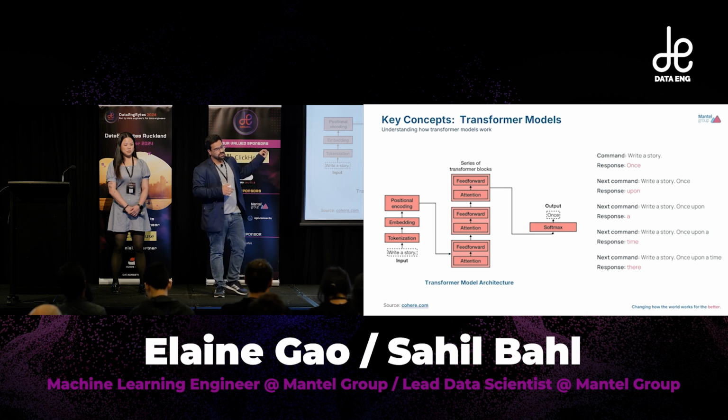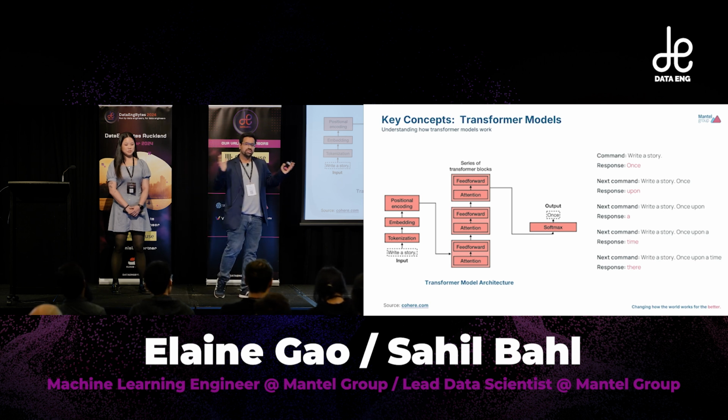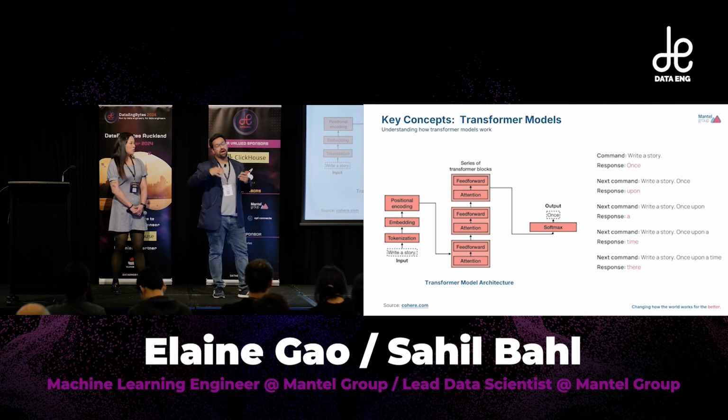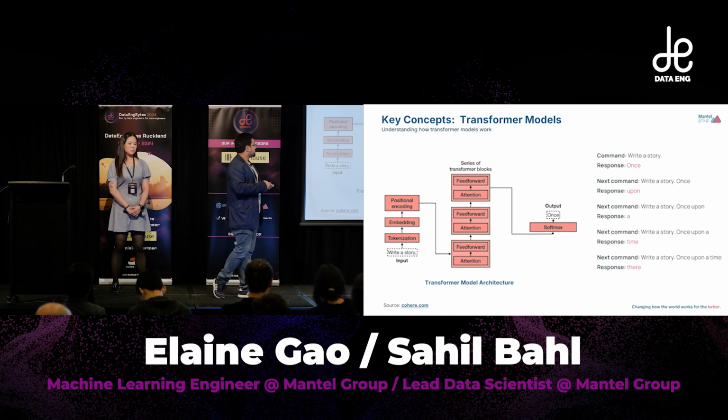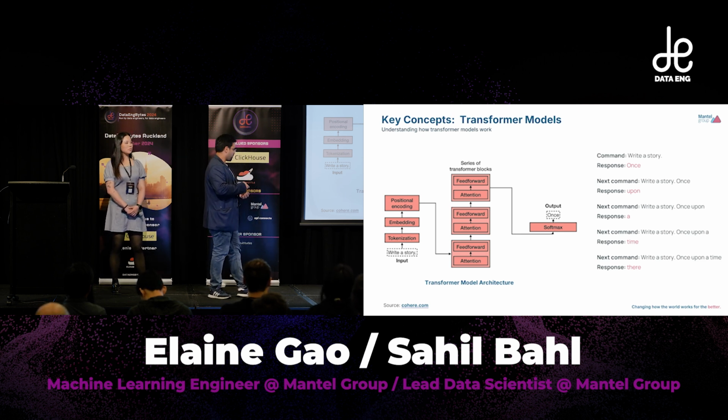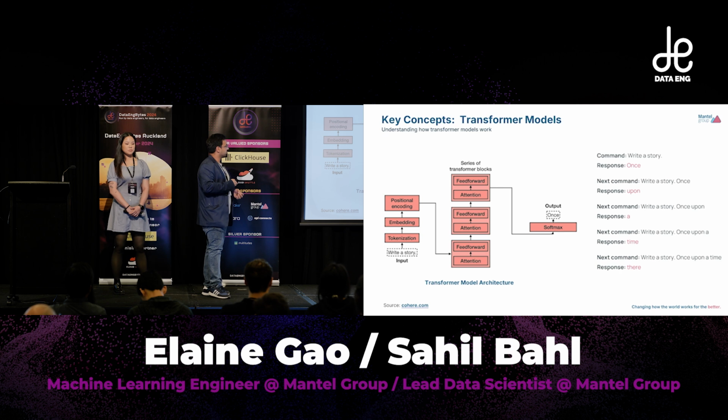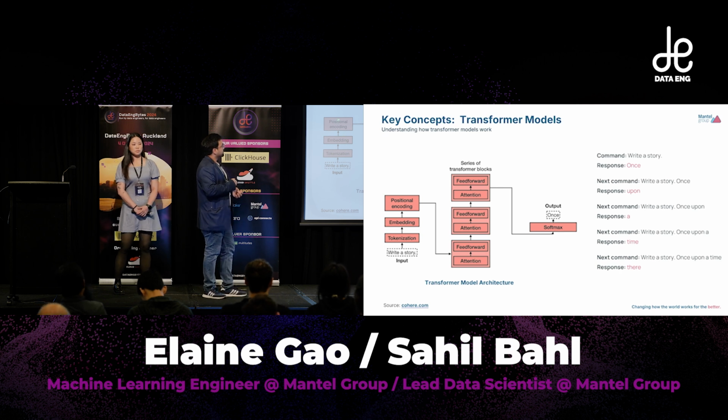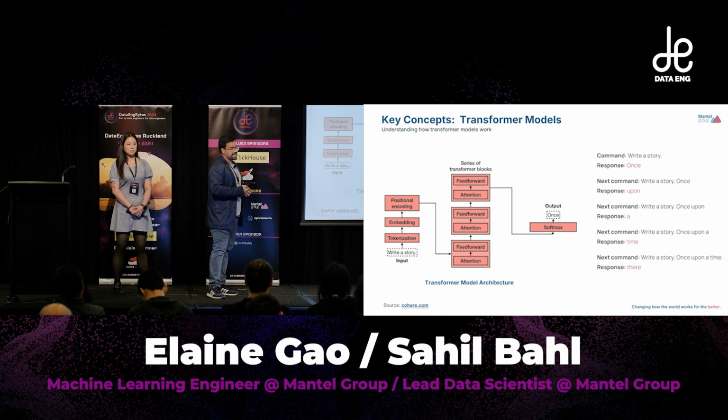So this is what's part of the transformer model, which everyone knows is the building block for all the large language models that we have today. So essentially, what a transformer model does is it takes an input, does tokenization, converts those and generates embeddings, takes the position into account, and then you have these blocks of attention.